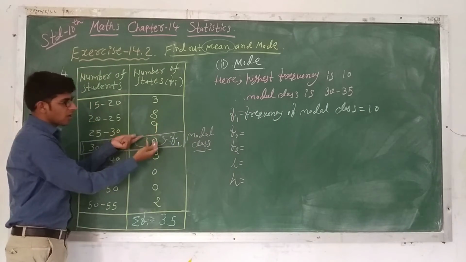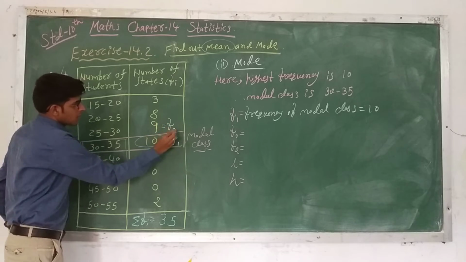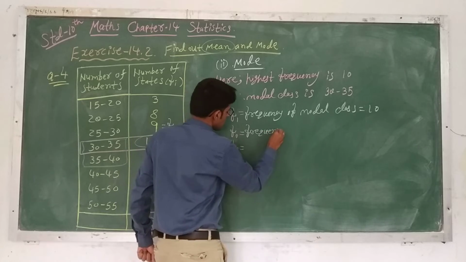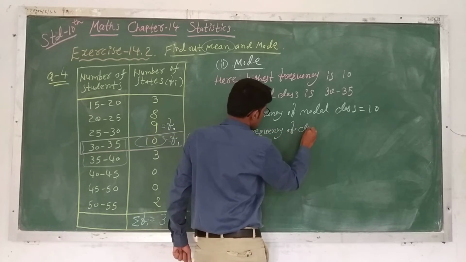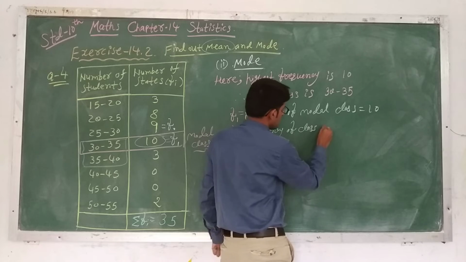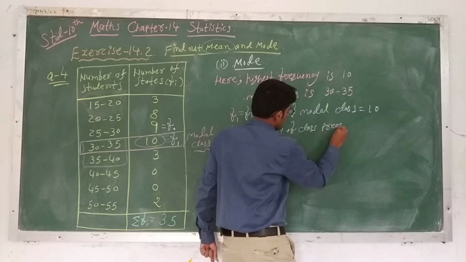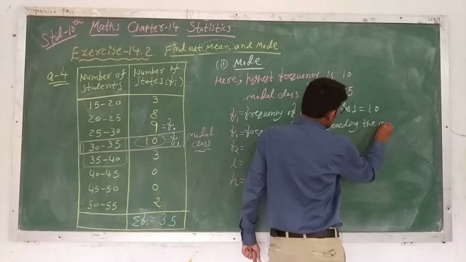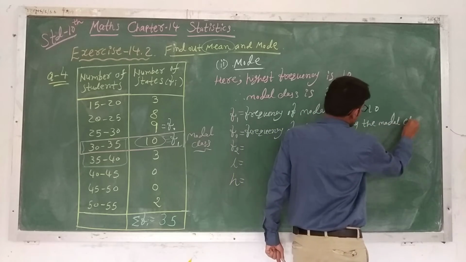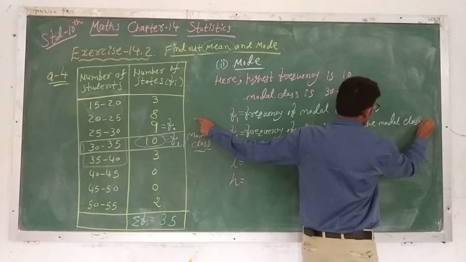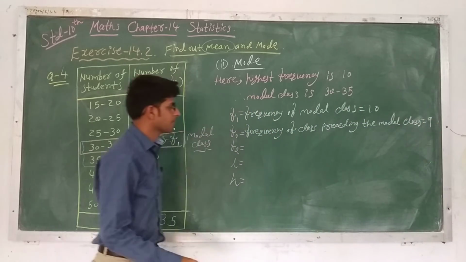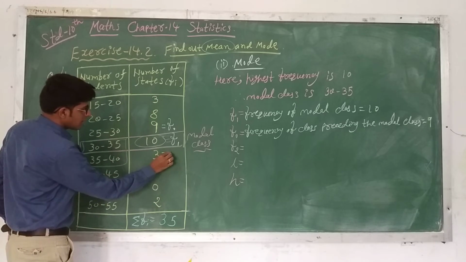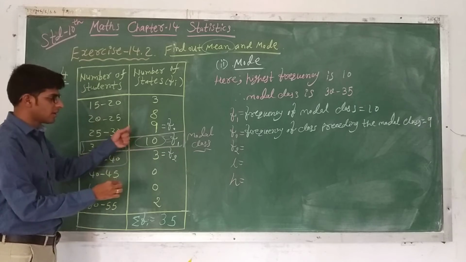The frequency of the class preceding the model class is called f0, and it is equal to 9. The frequency of the succeeding class is called f2.